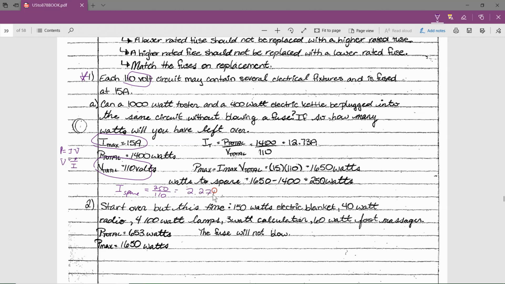And then you're going to say, well, of course it's 2.27 because your maximum current, as dictated by the fuse, labeled on the fuse itself, perhaps is 15 amps, and 15 minus 12.73 is 2.27.